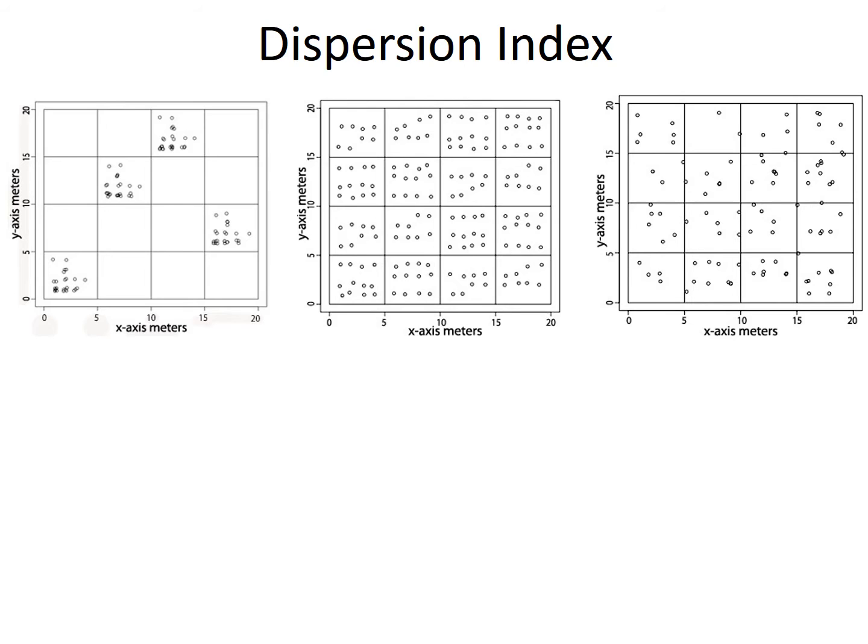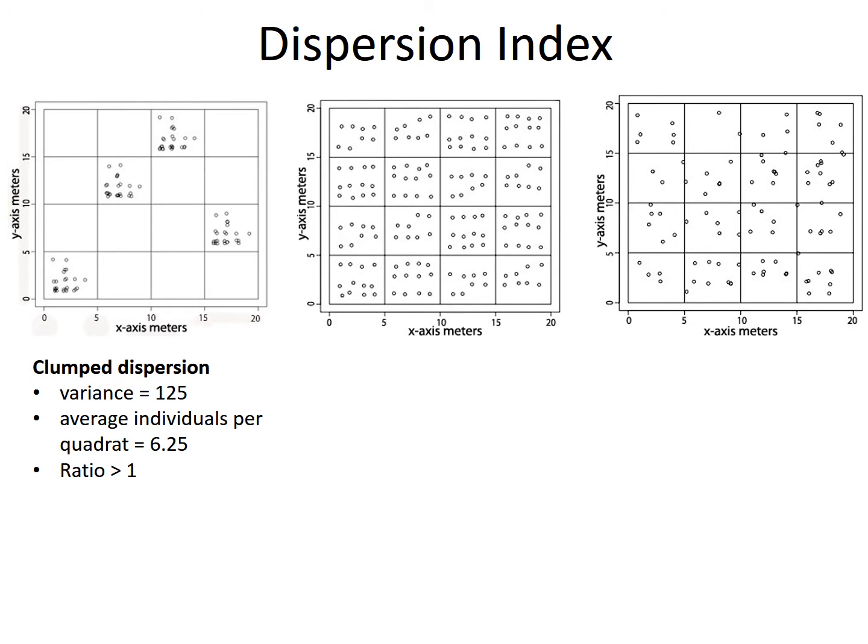Let's start in the leftmost figure. There you can see we've got 4 quadrats where the species is abundant, and the other 12 quadrats the species is absent. So what do we see here? Well, this is obviously a clumped distribution. Because there are only 4 quadrats where the species is present and 12 where it's absent, we see a very high variance in this data.